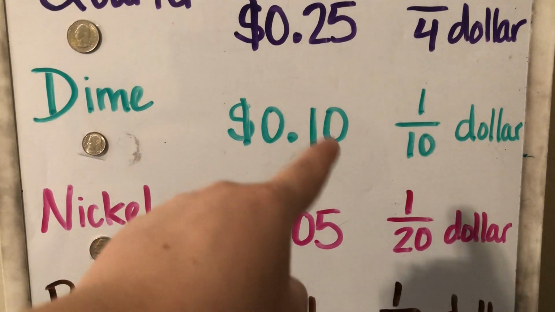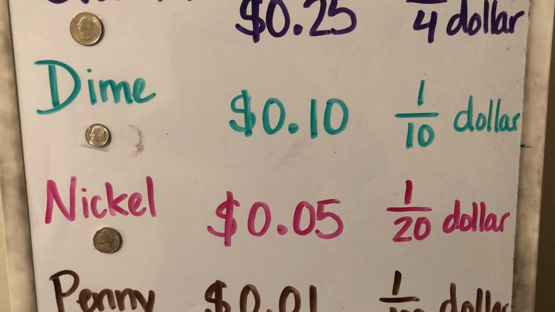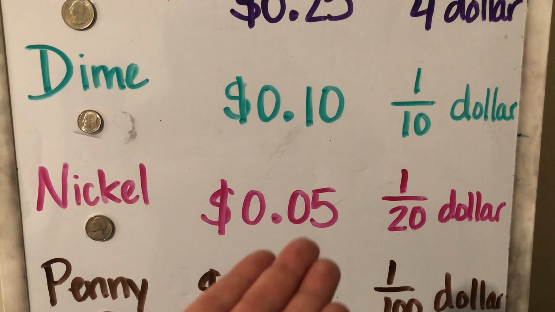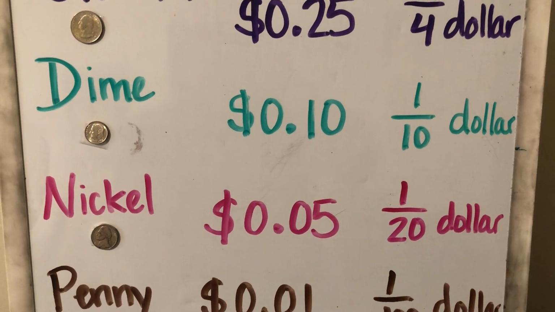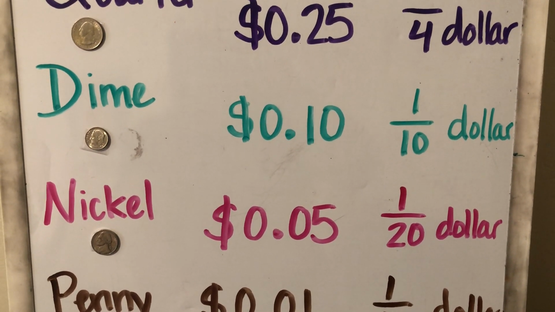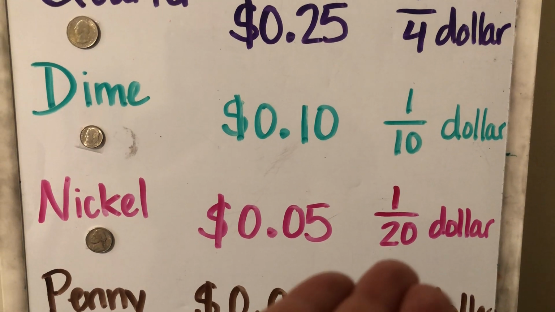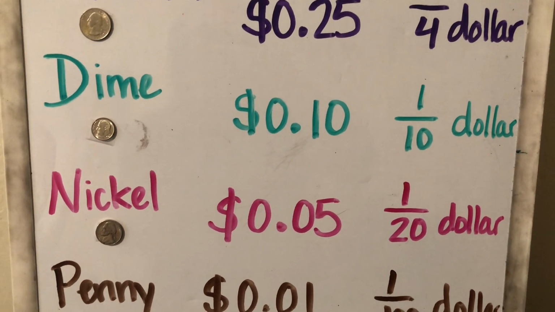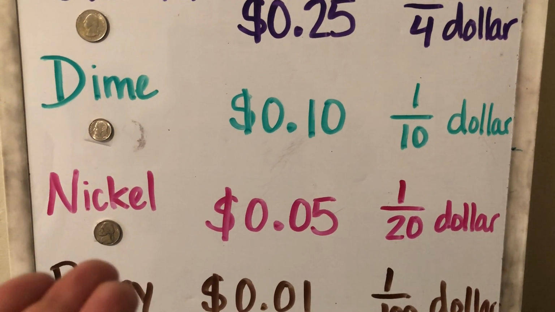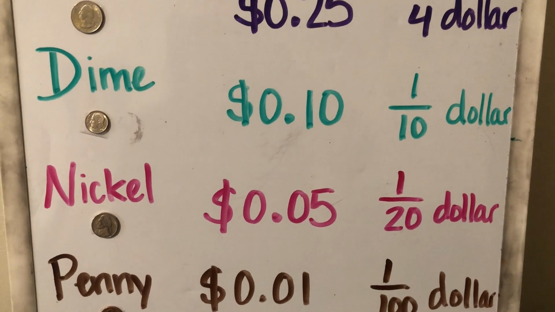If we were to write it with a 50, it would be completely off. It would be 50 rather than just 5, okay? And a nickel is 1/20 of a dollar. Another way to think of that is you would have to put 20 nickels together to equal a dollar. So if we only have one of those, that's 1/20.